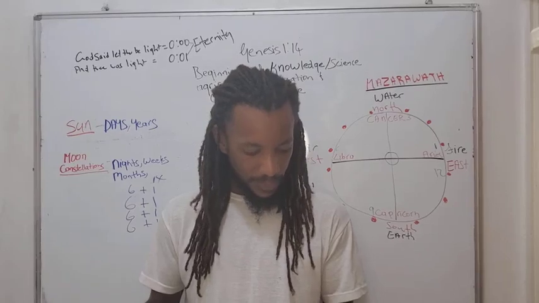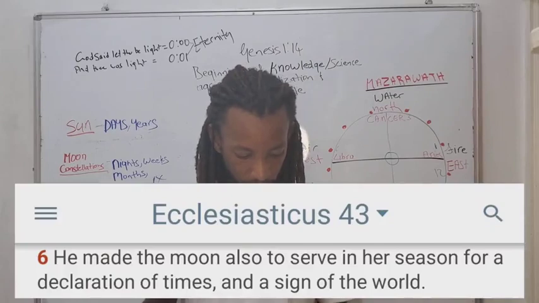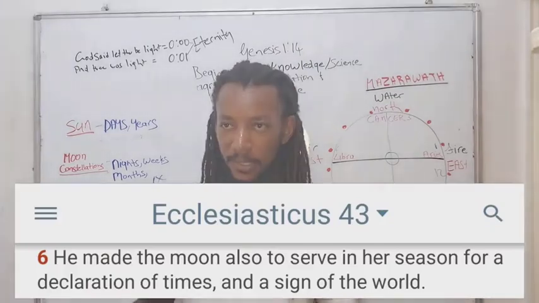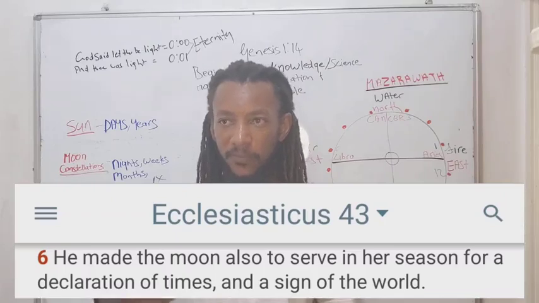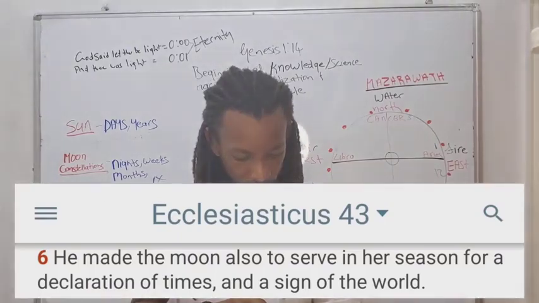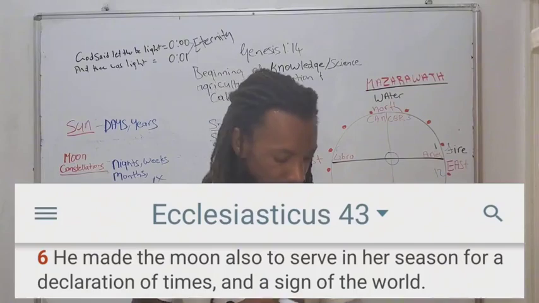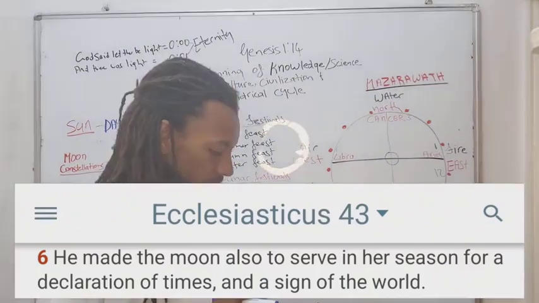It says, He made the moon also to serve in her season. So we can see season is another word for moon in terms of appointment, right? It says, He made the moon also to serve in her seasons for a declaration of times and a sign of the world.